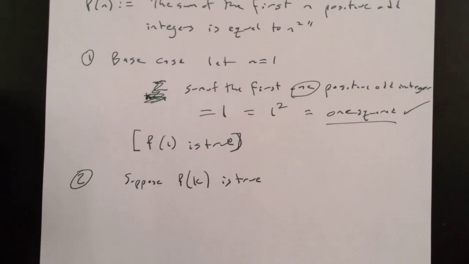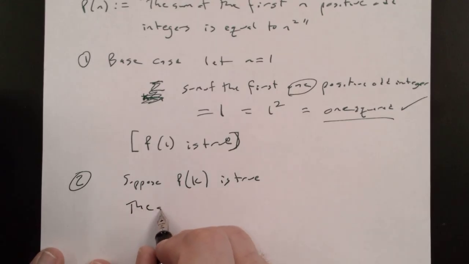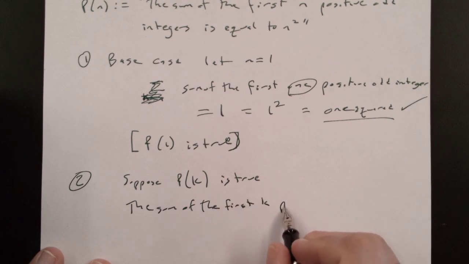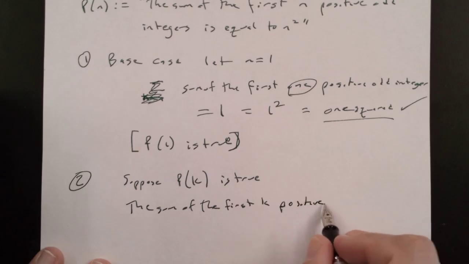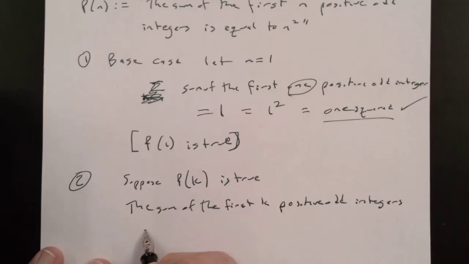Let me put that in words, so I've written it the same way before. The sum of the first K positive odd integers equals K squared.